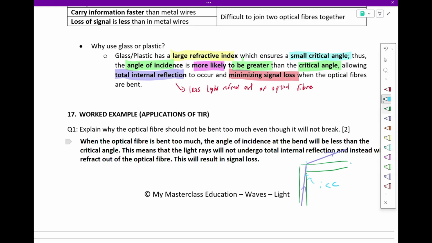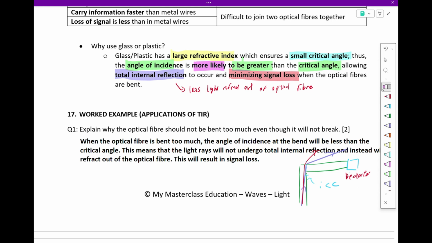Because the thing is, our detector is over here. So if you notice all the light rays like this, they all refract out. Basically, almost all of my light is refracted out. The only parts that can actually go to my detector are going to be less than optimal. So it's going to be very, very little light received.